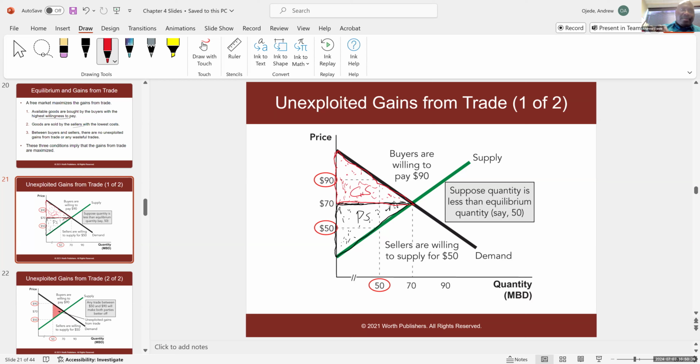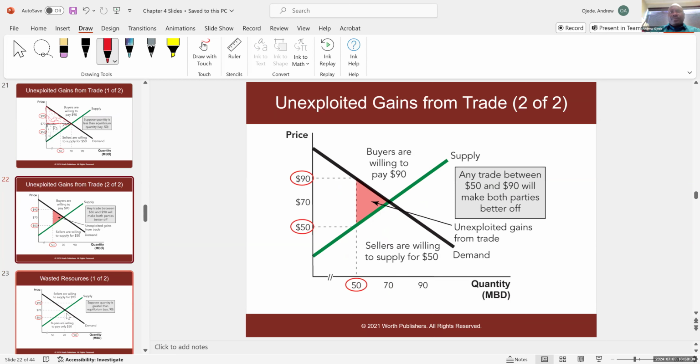Okay? For example, let's talk about unexploited gains from trade. So let's say this is your supply curve, your demand curve. The demand curve is telling you that buyers are willing to pay up to $90 for this quantity here.